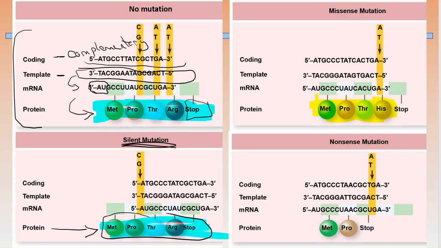So instead of your protein being 4 amino acids long, Met-Pro-Thr-Arg, now it's only Met-Pro, and it stopped. Right? 4 key amino acids with your base substitutions. Again, these are going to be your 4 types of base substitutions: no mutation, missense, silent, or nonsense.